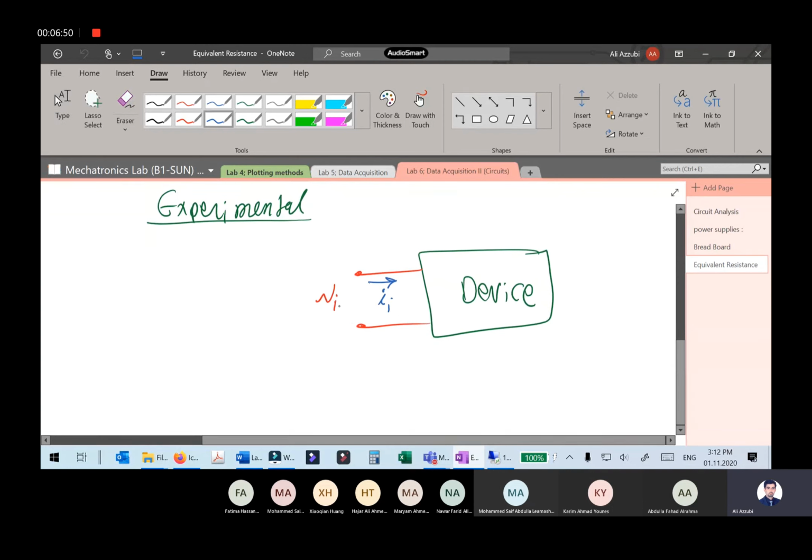If these are static, meaning they are not a function of time, they are constant all the time. This means I can find an equivalent resistance that is constant as well.